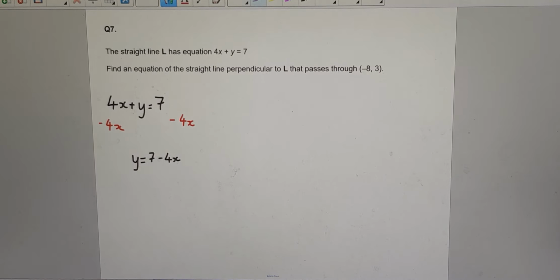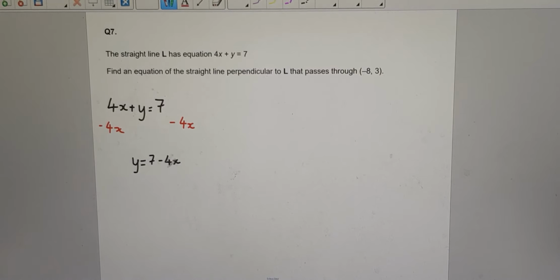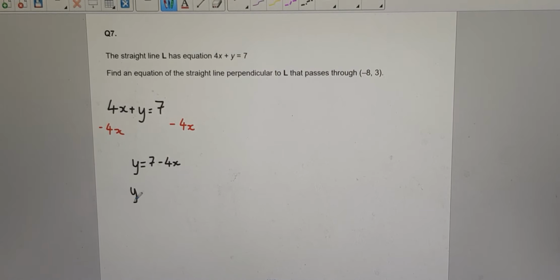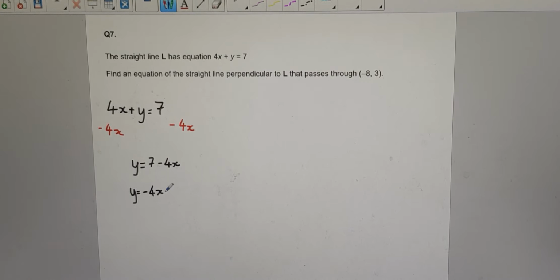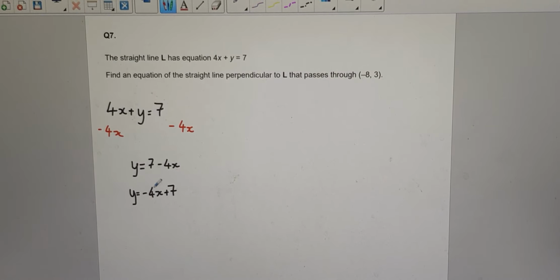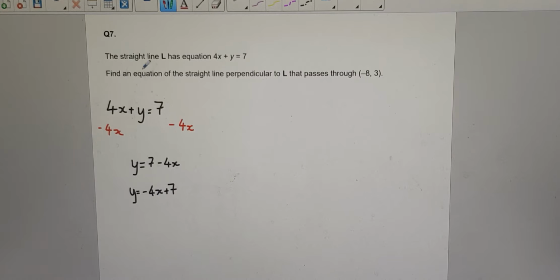Remember that the coefficient of x is my gradient, or if you'd prefer it more familiar, in the form y equals mx plus c, I might write minus 4x plus 7. I therefore know the gradient of this line is -4. Find the equation of a straight line which is perpendicular. Negative the reciprocal.